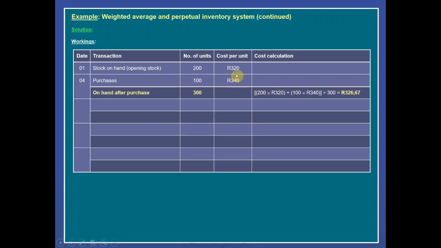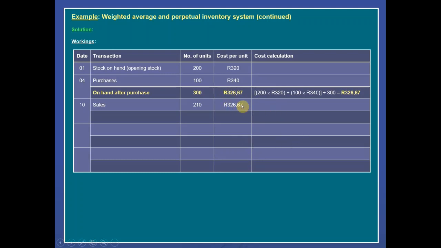326.67, which makes sense. It's between 320 and 340, and since we had more units at the lower price, it's a bit closer to 320 than 340 because we know 330 would be the mid price. So that's now our new cost per unit. Then on the 10th we sold 210 units.